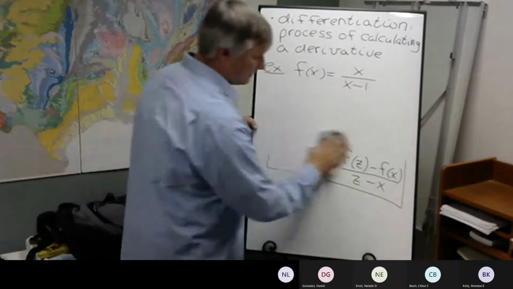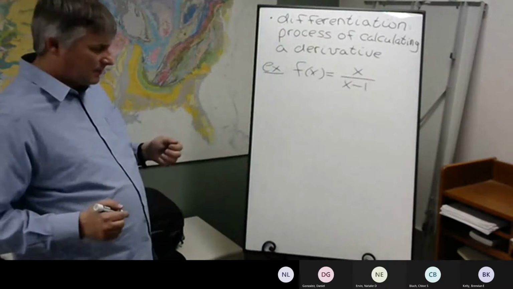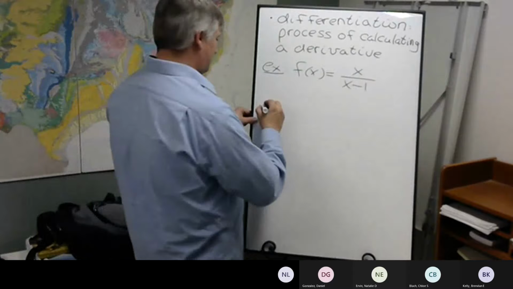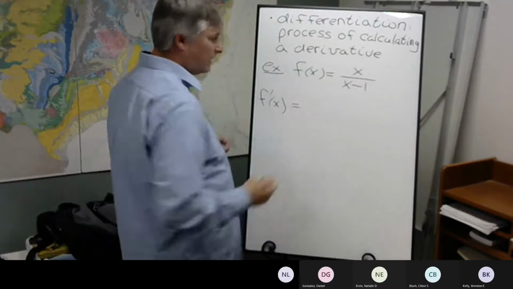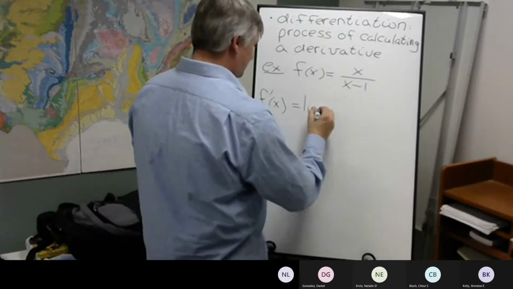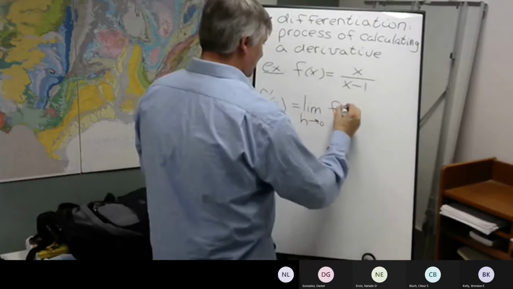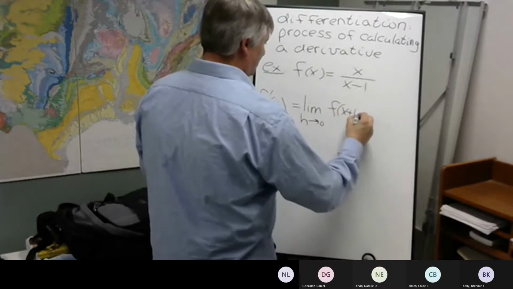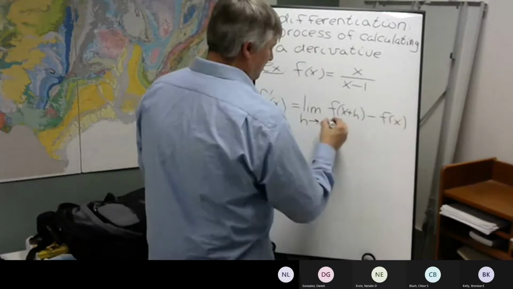So if we put all this together with our formula, f prime of x will be the limit as h goes to 0 of f of x plus h minus f of x over h.